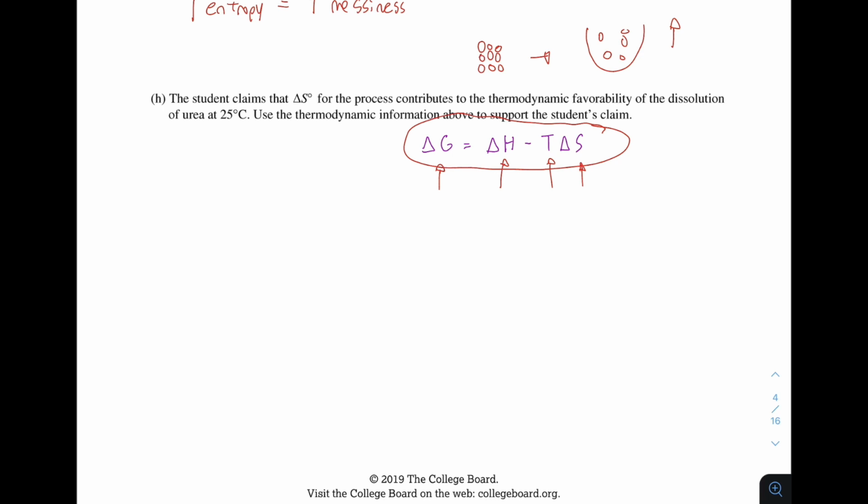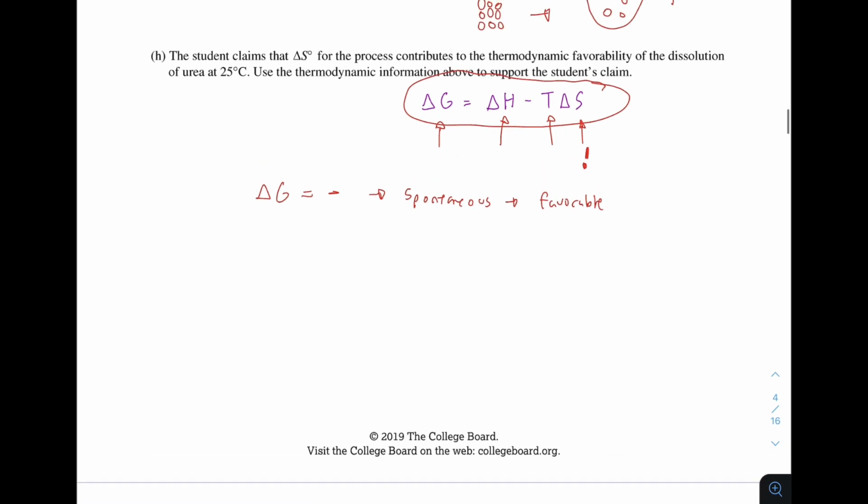So the student's argument is specifically about entropy. So for this question, it's important to remember that if Gibbs free energy is negative, then this is spontaneous and is thus thermodynamically favorable. So this question is a slightly weird question because you have to look at the equation and logic it out.